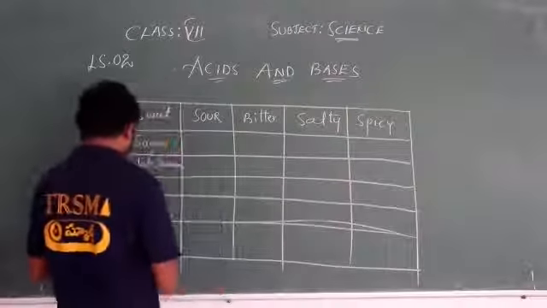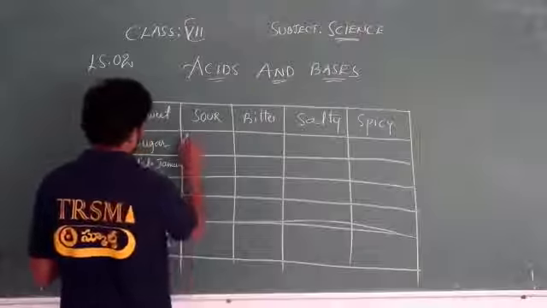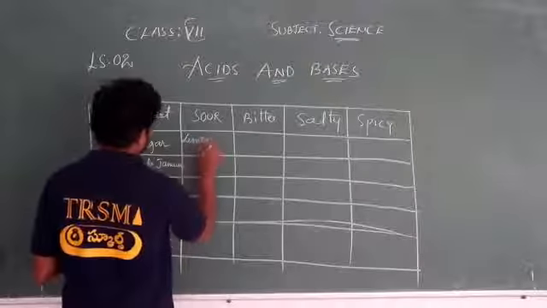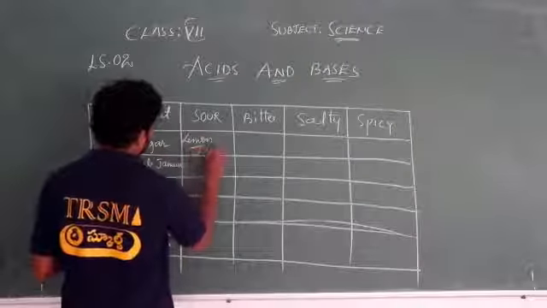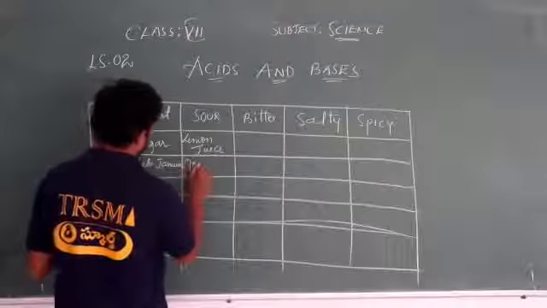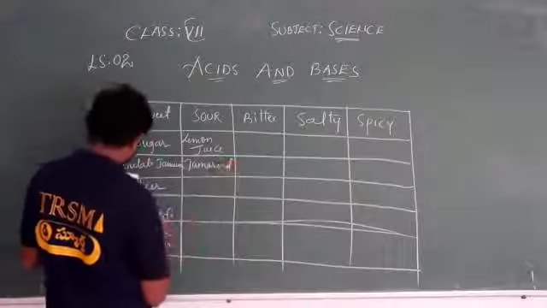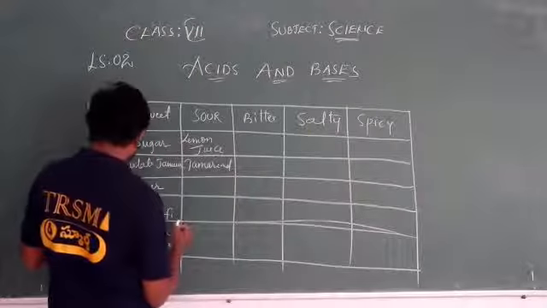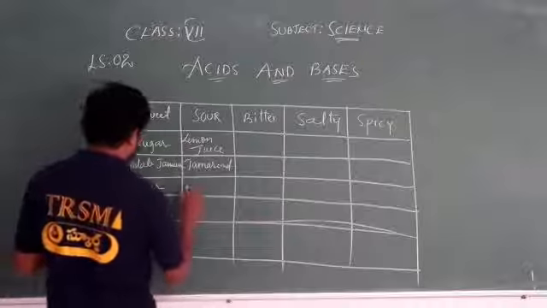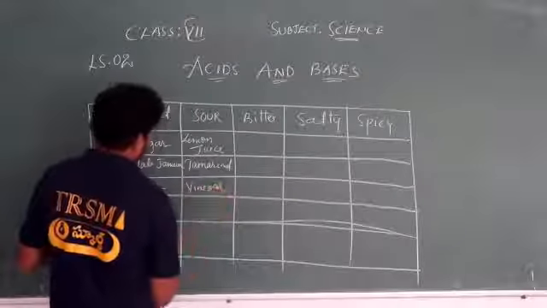And next, sour substances. One is lemon juice. Other one is tamarind. Next one, vinegar.